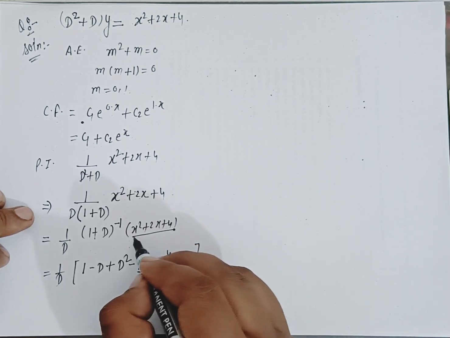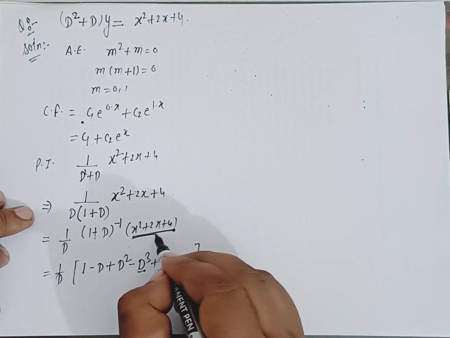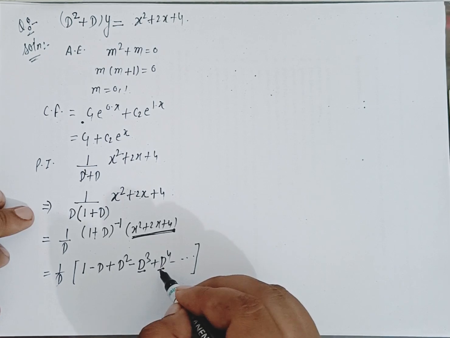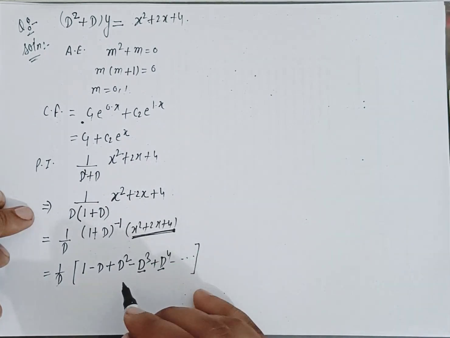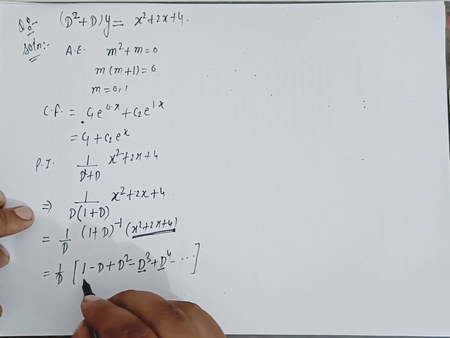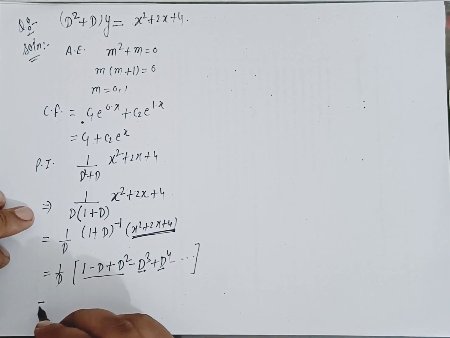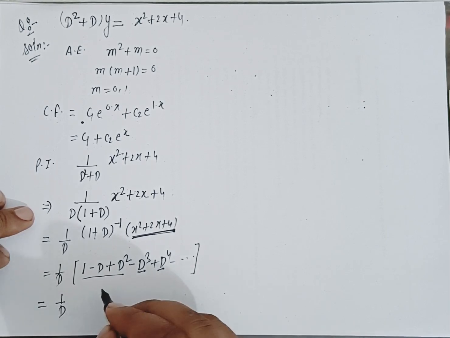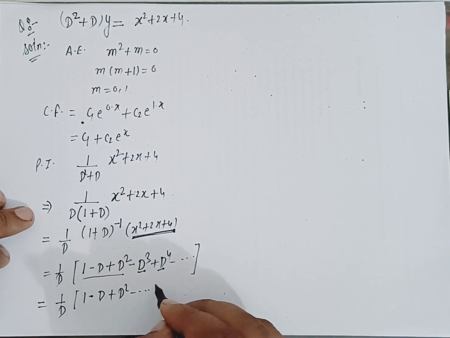So D to the power 3 will make the complete term 0. The third derivative of this will be 0. Fourth derivative is also 0, and the higher derivatives will also be 0. So there is no need to write these terms. You can write only up to the degree of the polynomial. Okay, so 1 upon D, 1 minus D and plus D square, you can write it up to here.